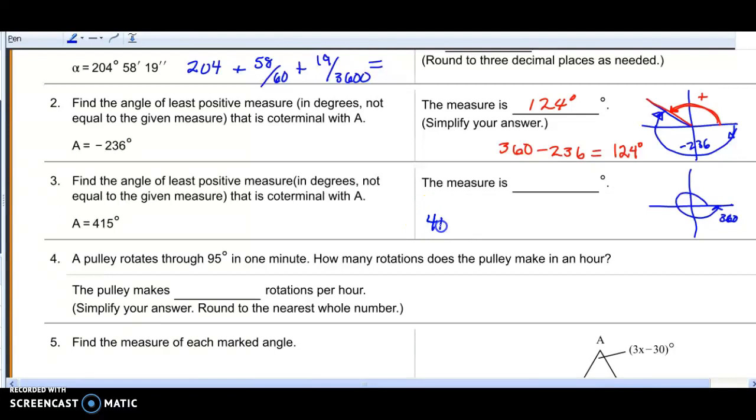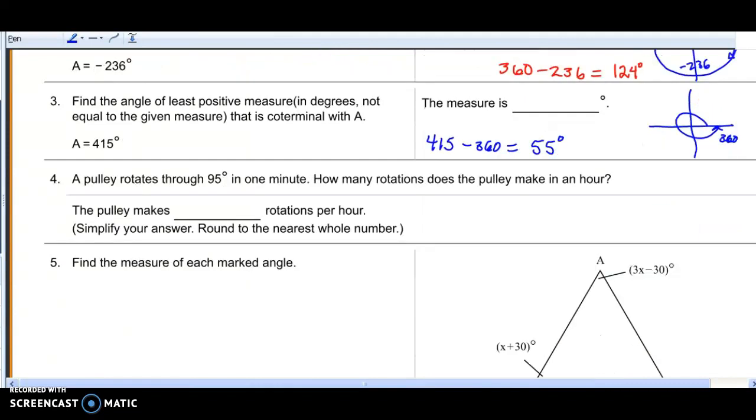Well, let's take the 415 and subtract 360 from it and see what we get there. Okay, so when I subtract those, I get 55 degrees. So this angle goes around once and goes a little more and stops at 55 degrees. So a positive 55 degrees is coterminal with a positive 415.